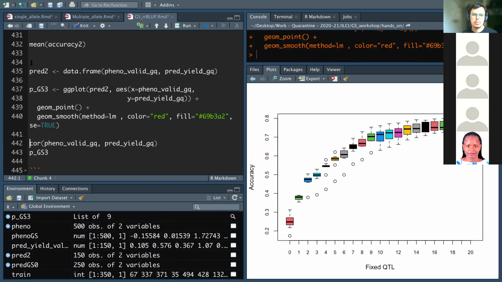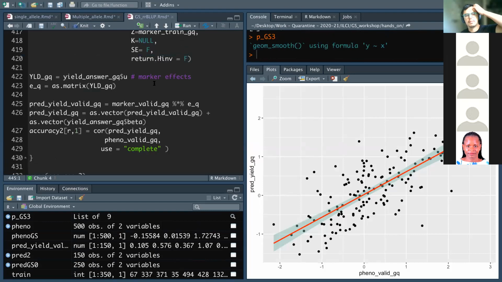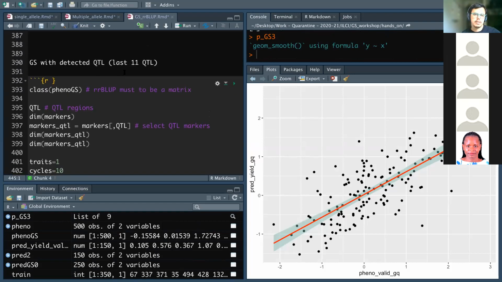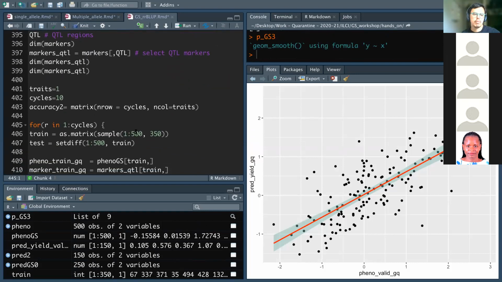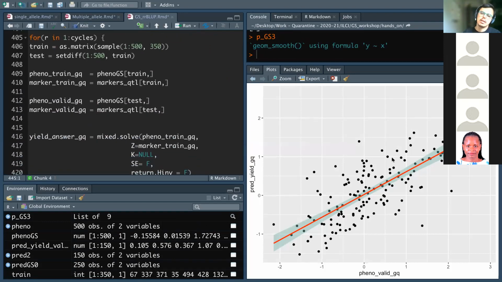But in this part of the code, that is the last one, I basically run the same code, but here I just use the information of 20 QTLs. So this model only has the information of 20 QTLs. And as you can see here, the predictions are great. So we could use that information or a model like this one in the breeding program. That would be perfect.